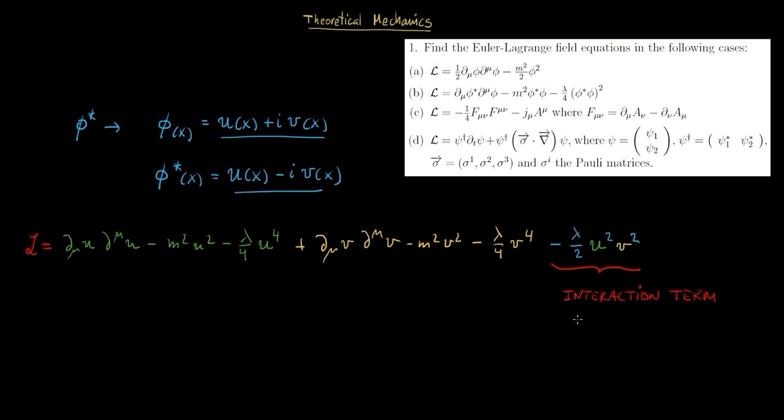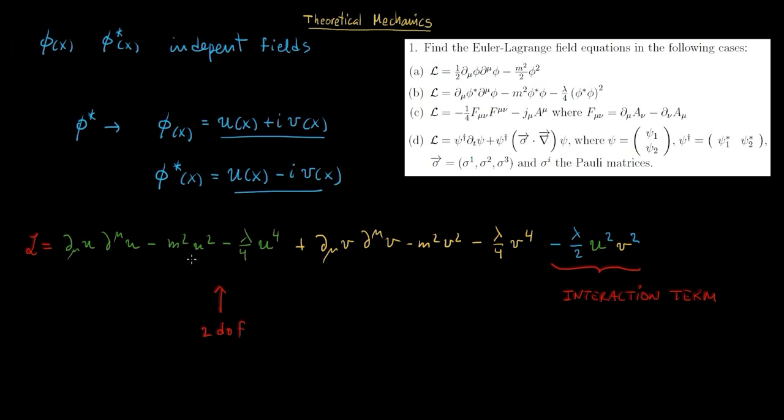But the important thing here is that this reveals that this Lagrangian has 2 degrees of freedom. So as a consequence, we can treat phi of x and phi star of x as independent fields, because u and v are.